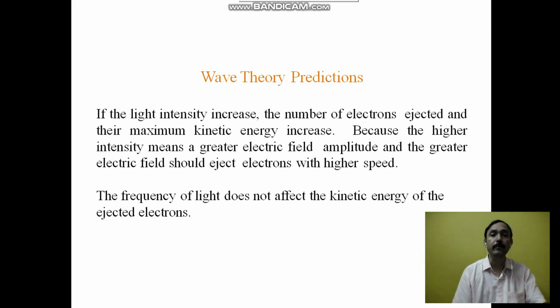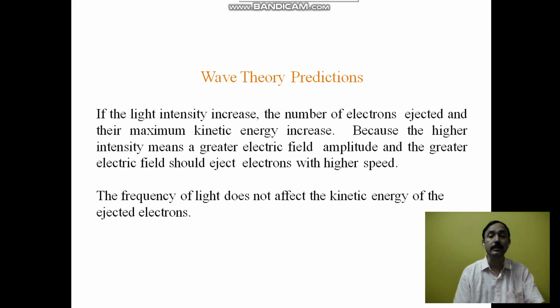As per wave theory, if we increase the intensity of light, the number of electrons ejected will increase, and the kinetic energy will also increase, because higher intensity means a greater electric field amplitude, and the greater electric field should eject electrons with higher speed. This is as per wave theory predictions.